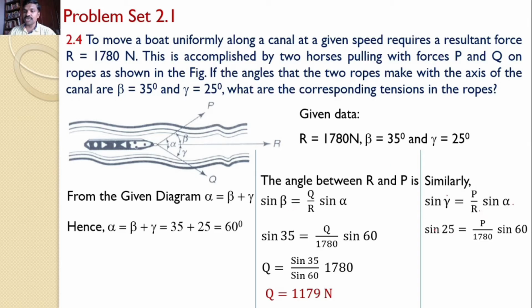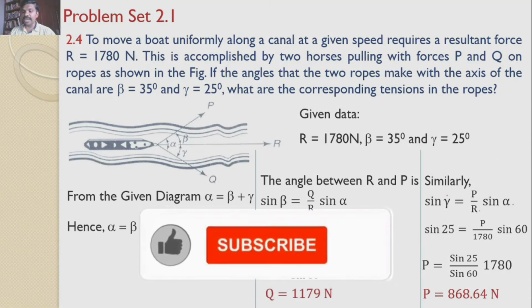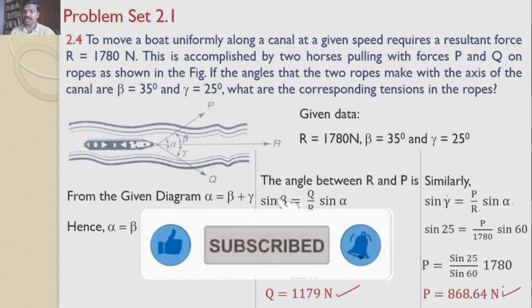We can substitute those values here: sine 25 is equal to P by 1780 into sine 60. You can rearrange this equation so that I can calculate the value P. P is equal to sine 25 by sine 60 into 1780. Upon calculating this, I will get the required force value P equal to 868.69 newtons. These two are the answers for this problem.